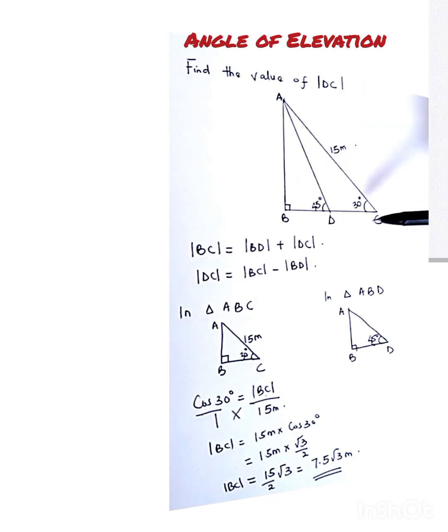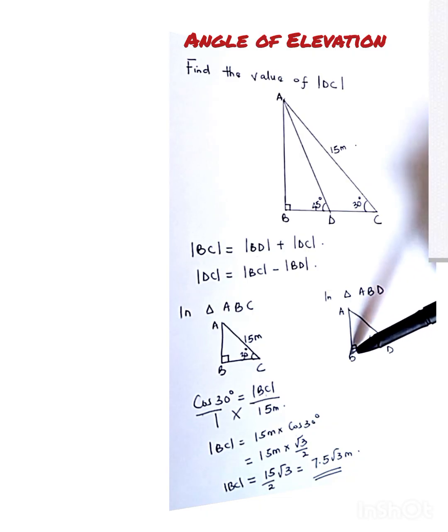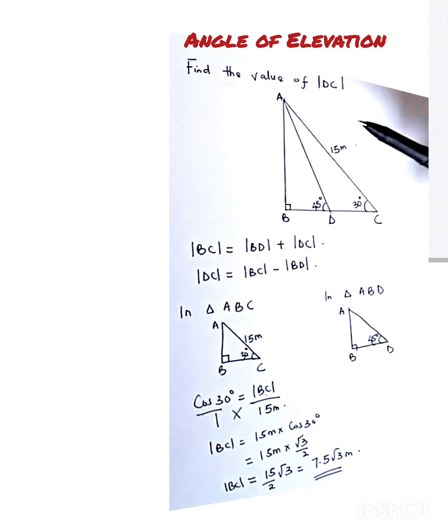So I've gotten this distance. Now it's time to get line BD. Now I can't just get line BD because line AD is not given to me here, right?